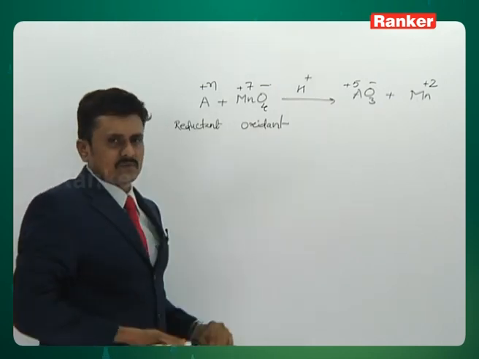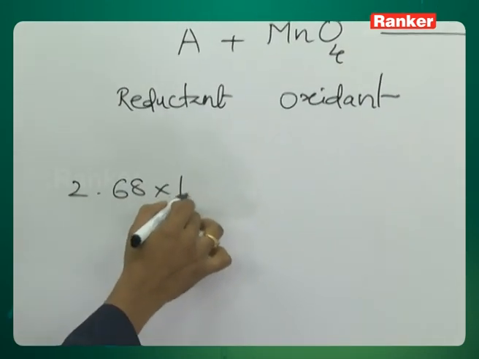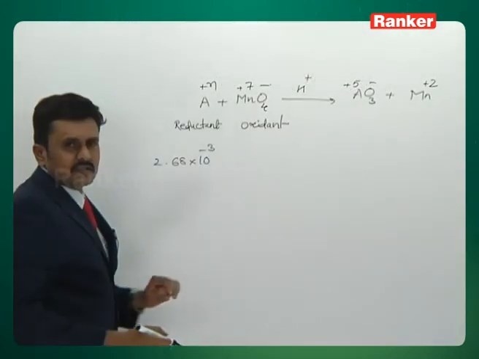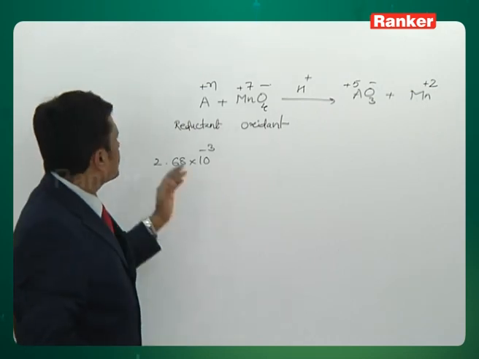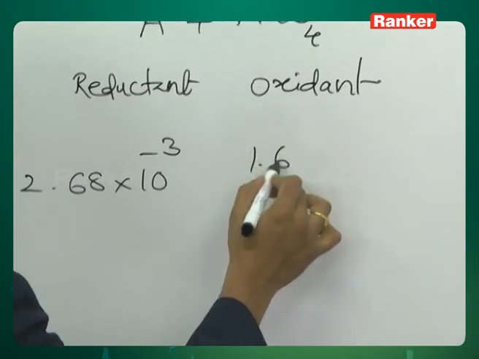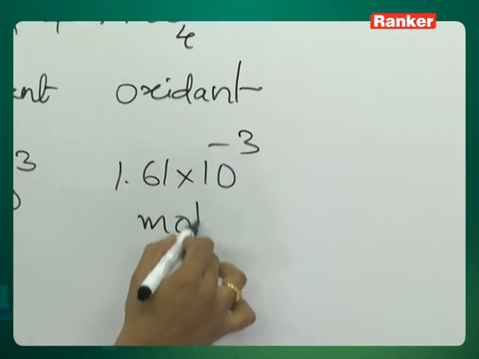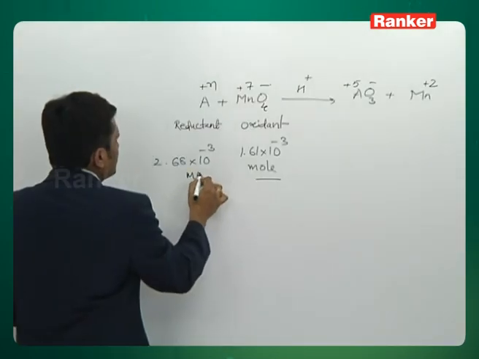It's a volumetry related problem, and you have been given the moles of this substance as 2.68 × 10^-3 and 1.61 × 10^-3 moles of permanganate reacting with each other.